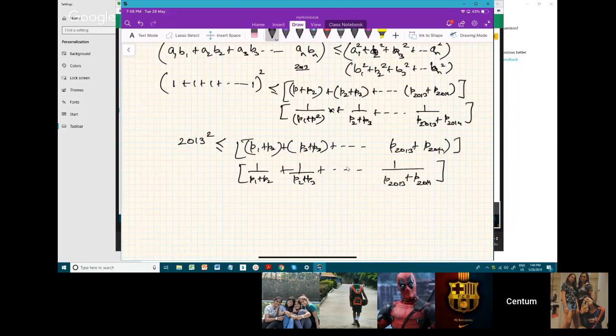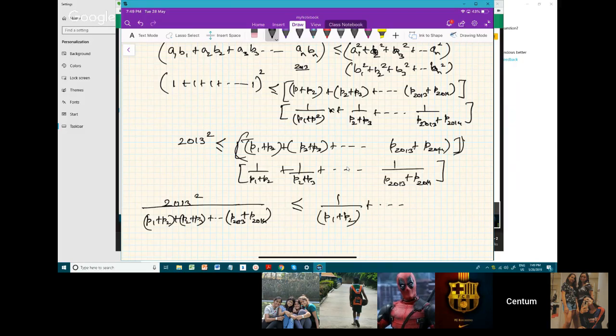Taking the first sum to the left hand side, 2013 squared divided by (P1 plus P2, plus P2 plus P3, and so on, plus dot dot dot P2013 plus P2014) is less than or equal to 1 upon P1 plus P2, plus dot dot dot, 1 upon P2013 plus P2014.